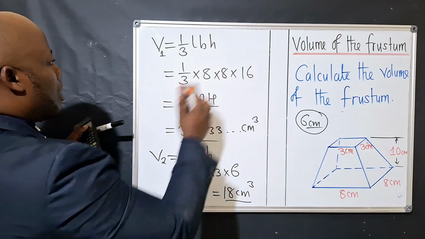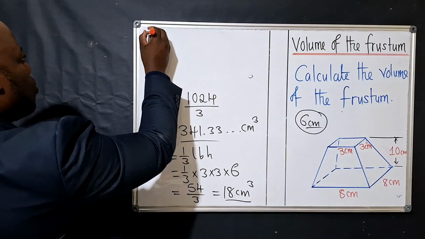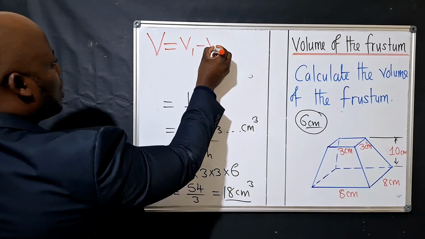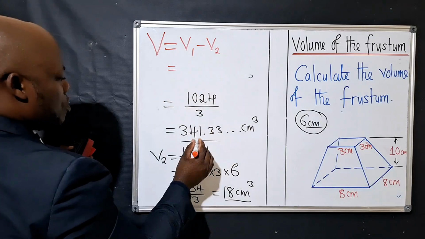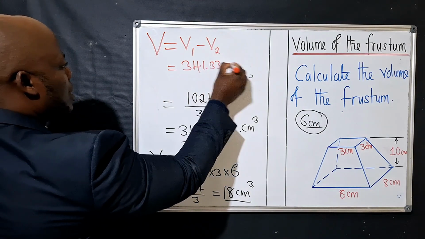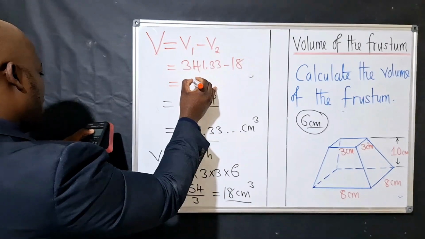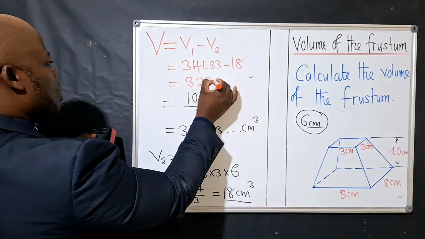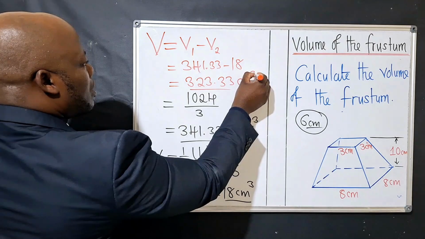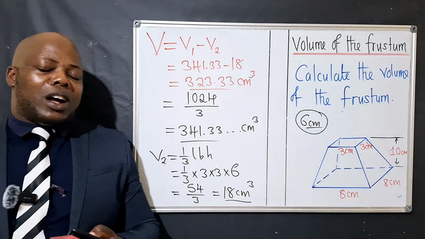For my final answer, the actual volume I'm looking for is equal to volume 1 minus volume 2. So my volume 1, it's 341.33 minus volume 2, which is 18, and this is giving me 323.33. This is my answer. Let's not forget the units. So this is how we find the volume of a frustum.